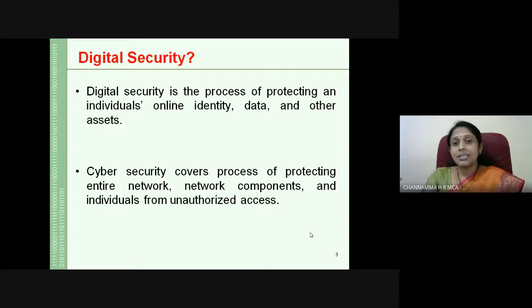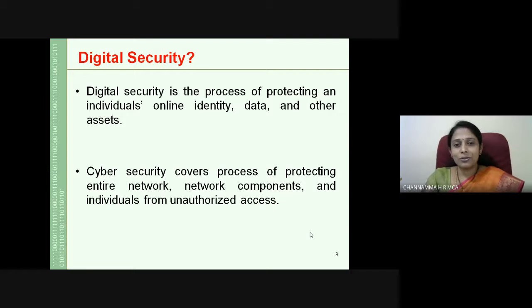Hence, cyber security is the most popular word, because it deals not just with protecting the data, it also deals with protecting network components and the whole network. So we frequently hear the word cyber security rather than digital security.